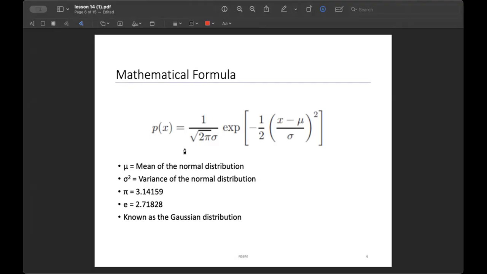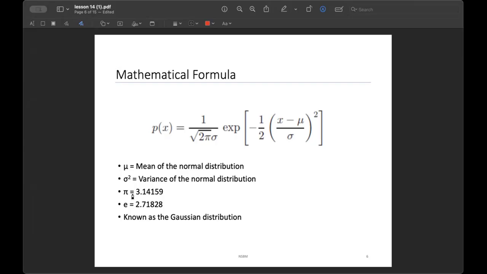This is the mathematical formula for the entire normal distribution. Mu is the mean of the normal distribution and sigma squared is the variance. Sigma, the square root of the variance, is what we call the standard deviation.